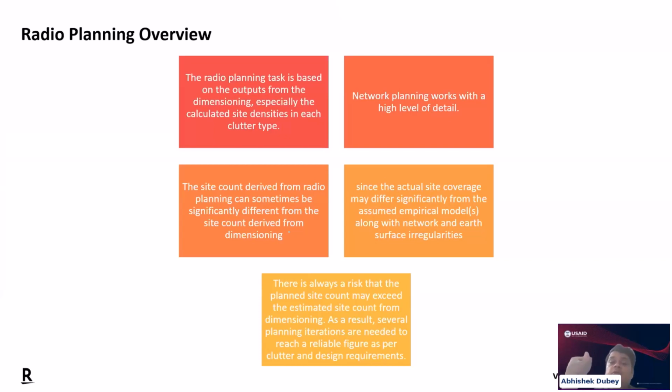So what you need to do is perform this dimensioning again and again, and change certain parameters. For example, if the first time you used an empirical propagation model, there are three models we generally use: empirical, semi-empirical, and deterministic.